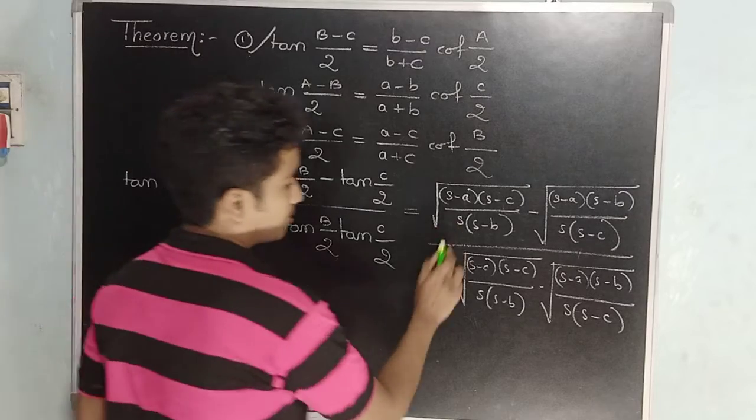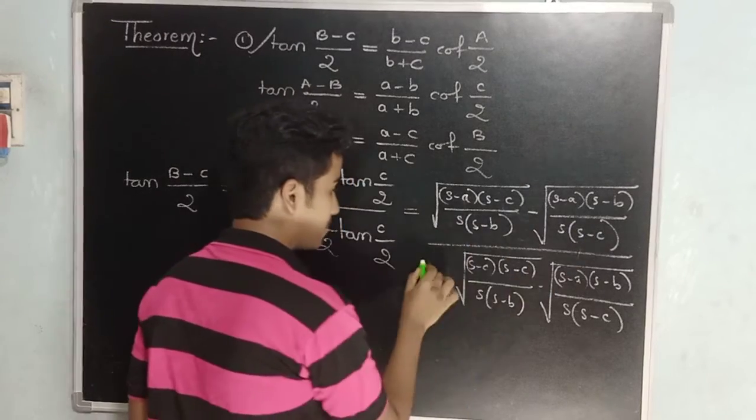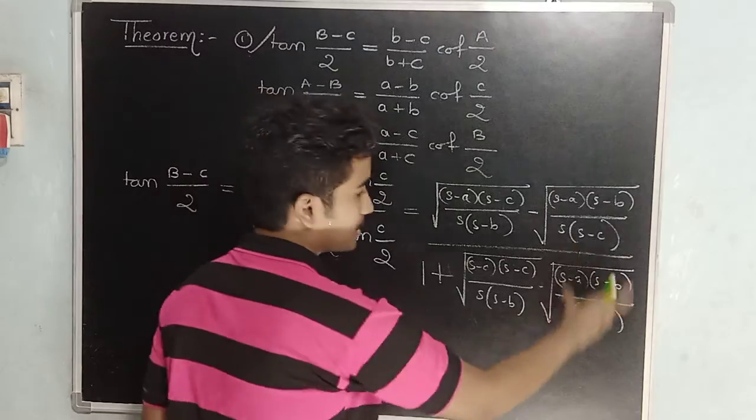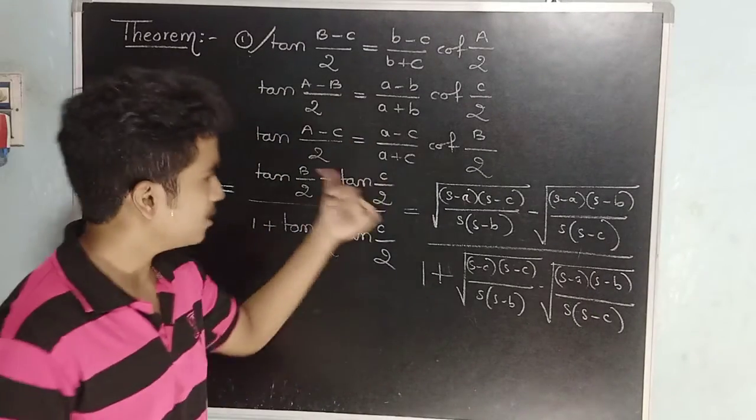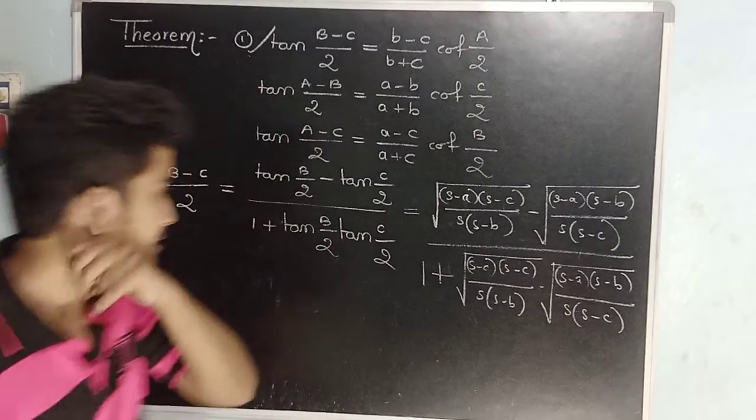Okay. Tan a minus tan b by 1 plus tan a tan b. Okay, half angle formula. I have directly substituted in this equation.